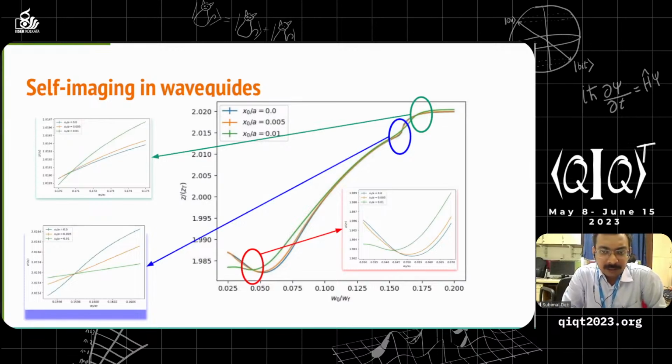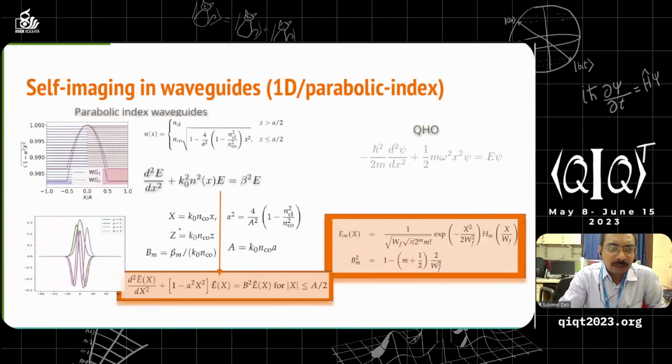Now, is this result unique to this waveguide with metallic boundaries, or does it happen in other kinds of waveguides as well? So we'll take a look at the one-dimensional parabolic index waveguides, the graded index fiber or graded index slab waveguides to be specific. The reason I have chosen these two is because the modes and the propagation constants can be found very easily in closed form.